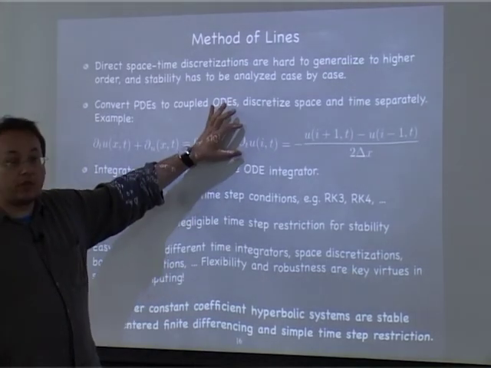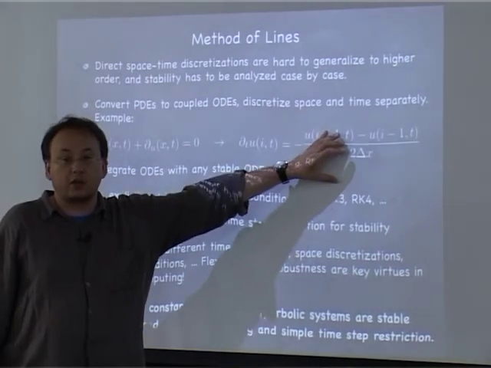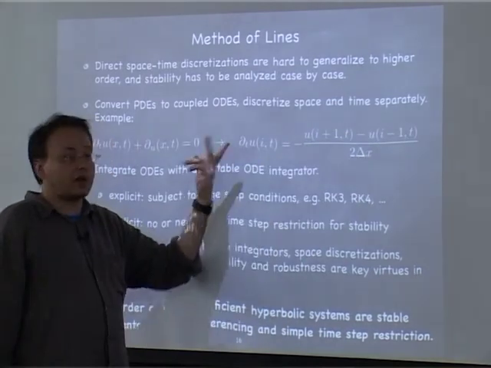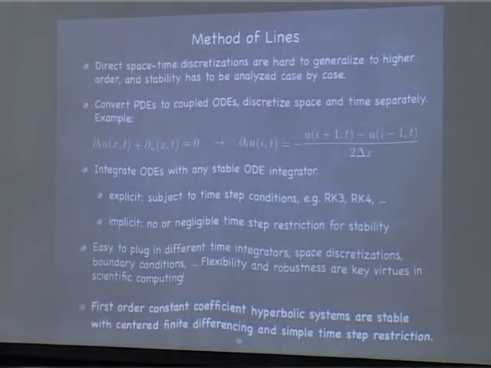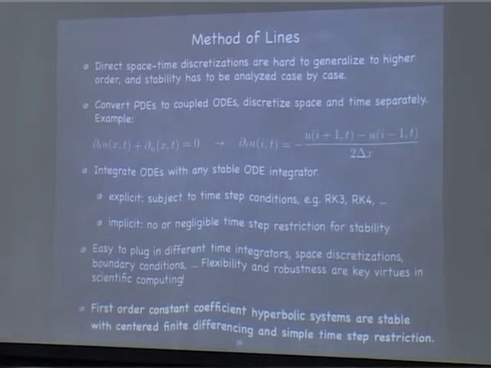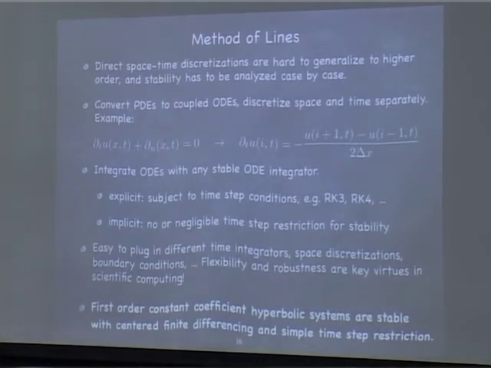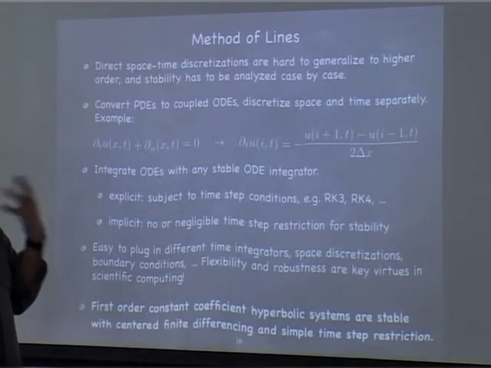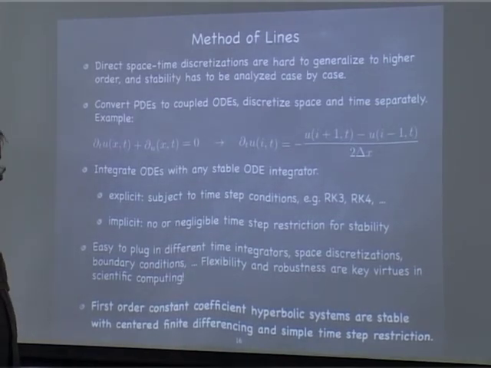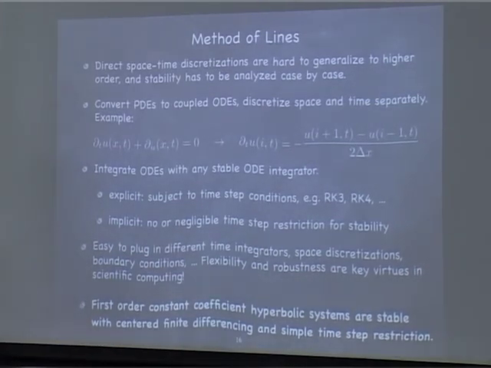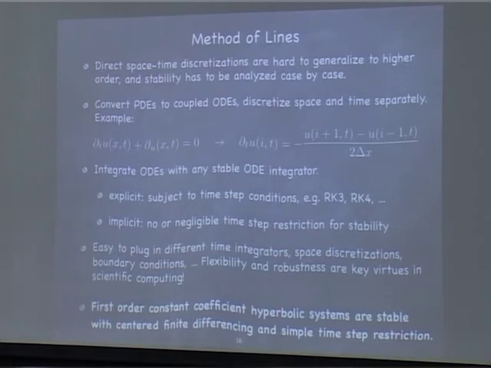You have the same time integrator, but you change the space integrator. You have the same space integrator, just change the Runge-Kutta method here. Just try different things. That's easy to try, easy to maintain the code, with flexibility. And flexibility, robustness, and simplicity, which you have in this scheme, are very important to really solve scientific problems in a reliable way. So these are high virtues.